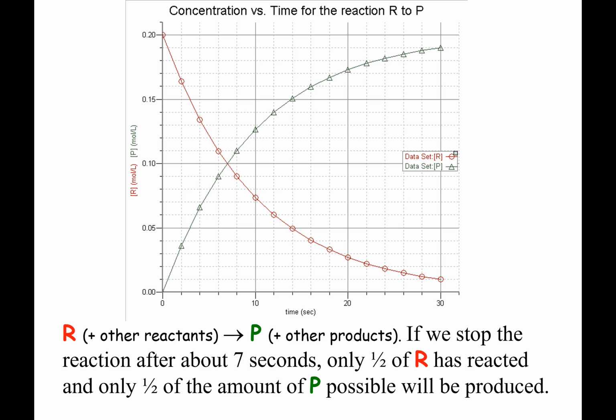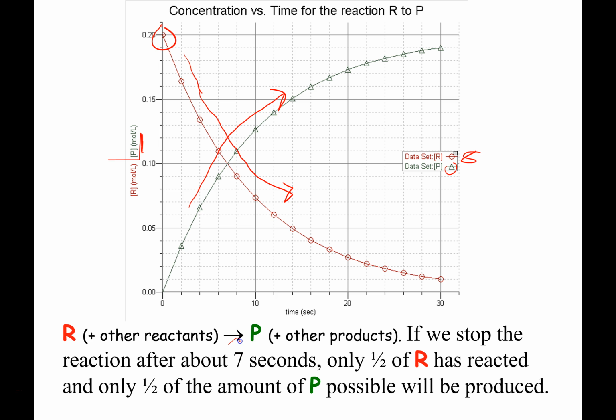So, for instance, I know 30 seconds isn't a long time, but this graph describes what happens if we start out with reactants, red is reactants, and green is products. The concentration of our reactant is going down, and the concentration of our product is increasing.